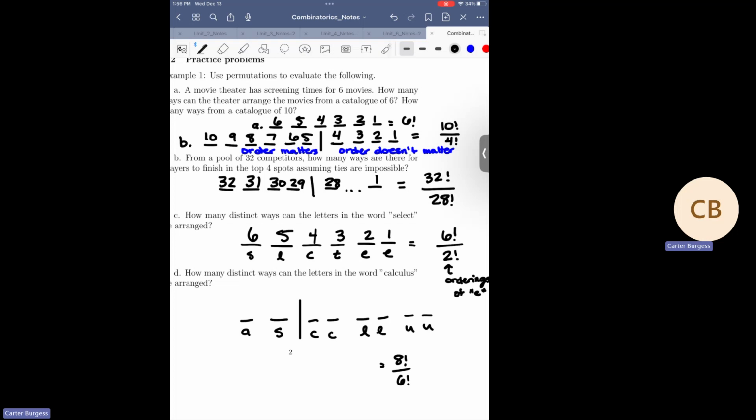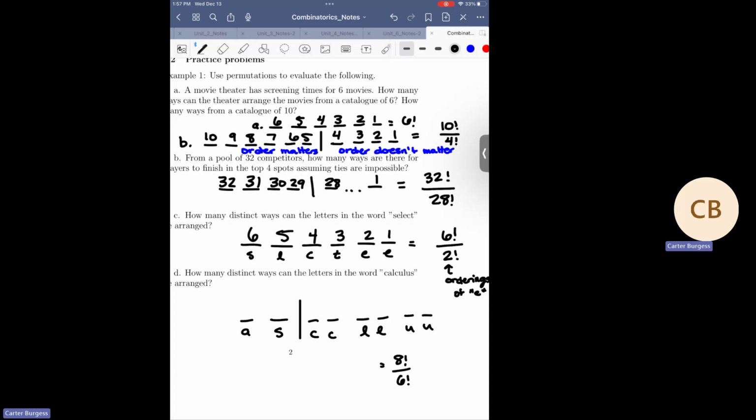And that is that when we divide out these 6 factorial, what we are claiming is that everything to the right of the line can be shuffled in any way that we want, and it's not going to give us a new outcome, which is sometimes true. For instance, if I shuffle a U and a U, that's not going to give me a new outcome. But it's not always true, because I could shuffle a C and a U, and that would give me a new outcome.